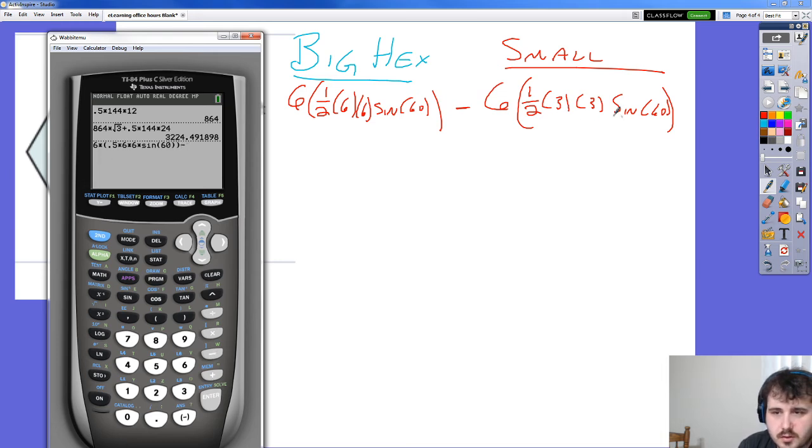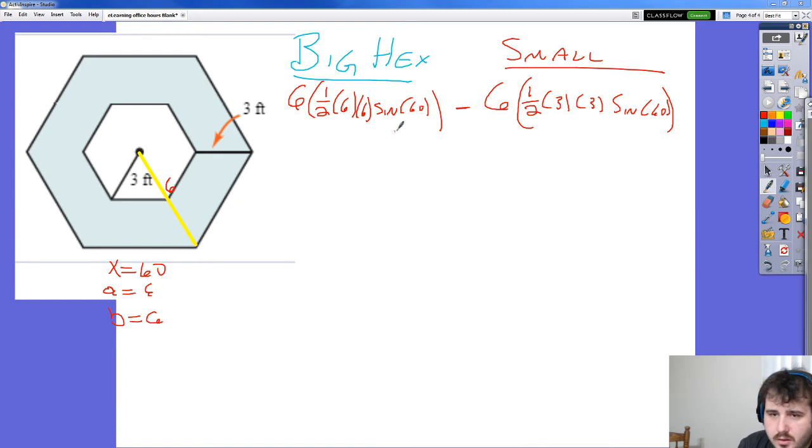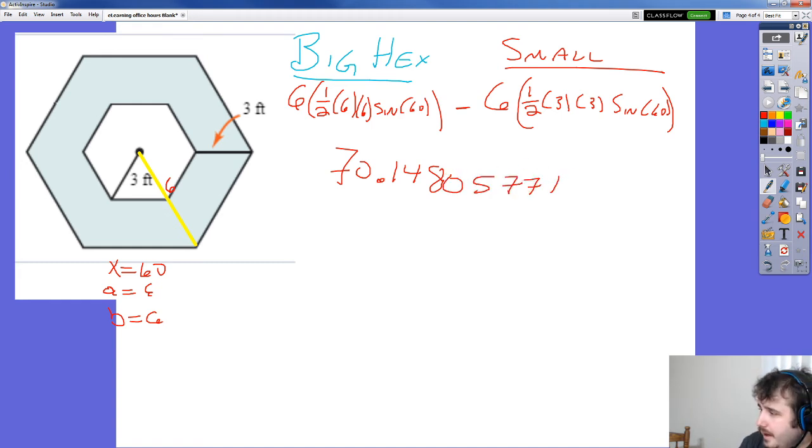Minus, I'm going to do this one now. 6 times 1/2 times 3 times 3 times the sine of 60. And then the calculator is just going to do the rest for you. So my final answer here is 70.148057771, and I have to double check what it tells me to do.